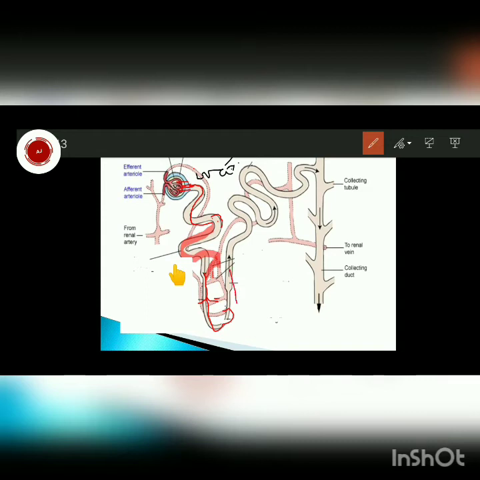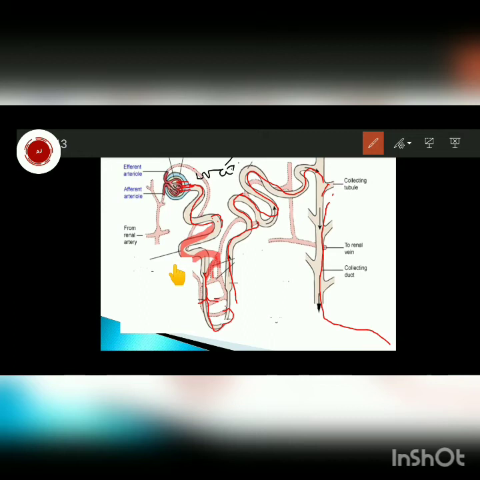So now the liquid which is left here has water and a larger part of urea and uric acid. This liquid which has water, urea and uric acid is called urine. It enters into the collecting duct, and from the collecting duct to the ureter, and from the ureter to the urinary bladder. So this is how finally urine is formed and passed to the urinary bladder.